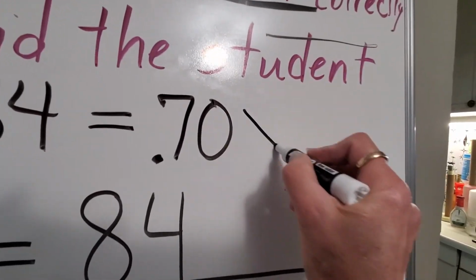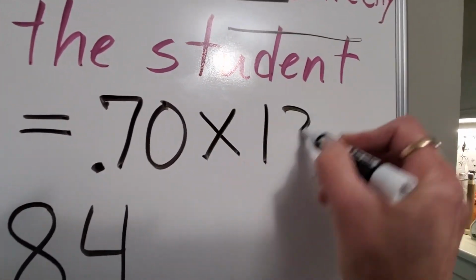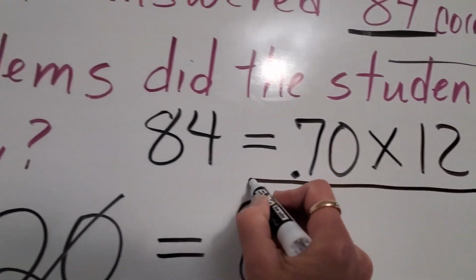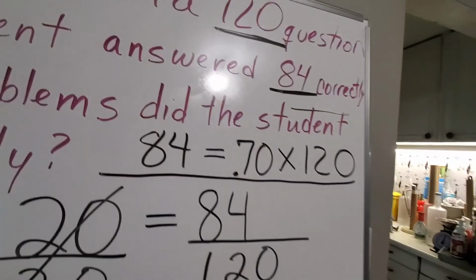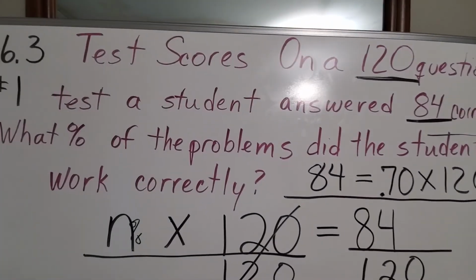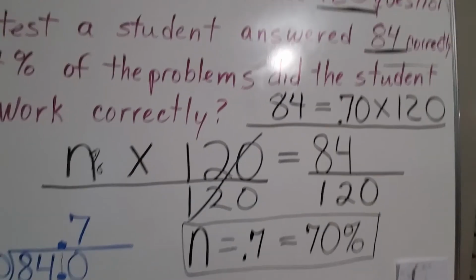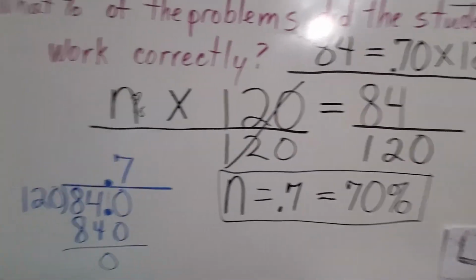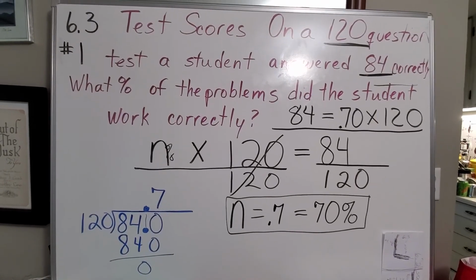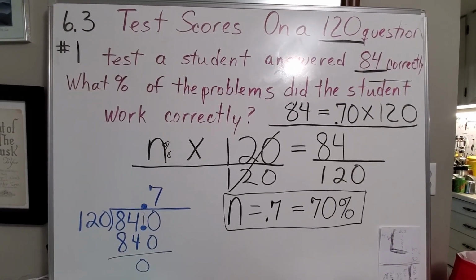Another way you could write it. So you change the story, and you could work the problem that way. You change the English story into a math sentence, and then you have exactly what we did in number 6.2.